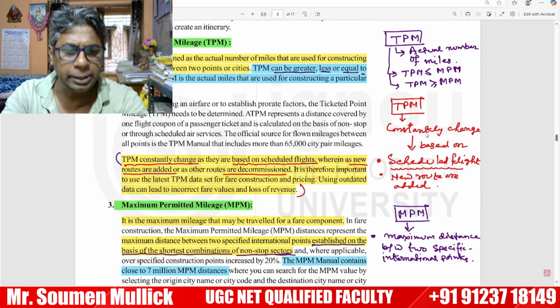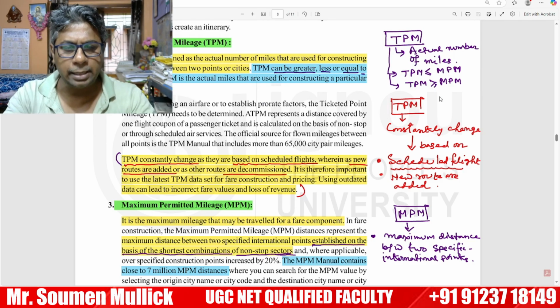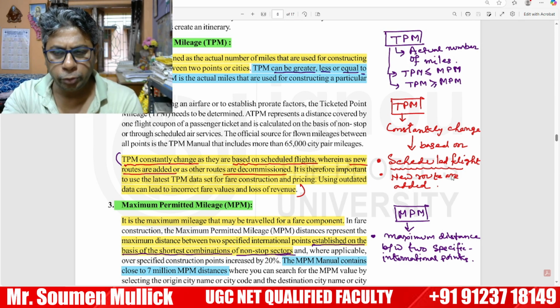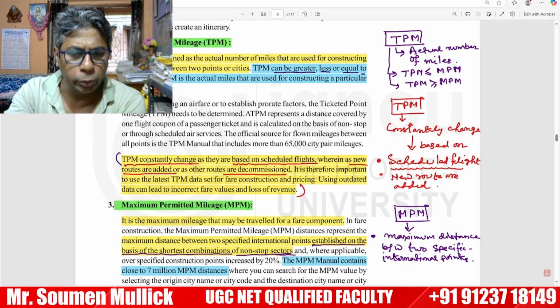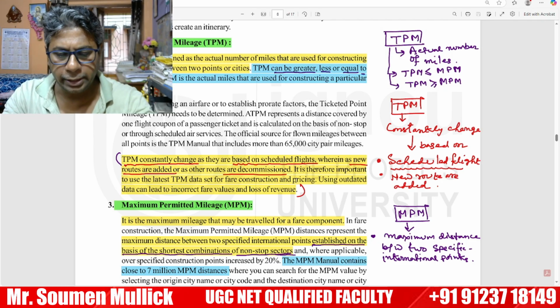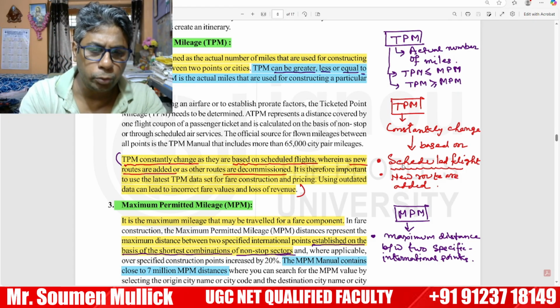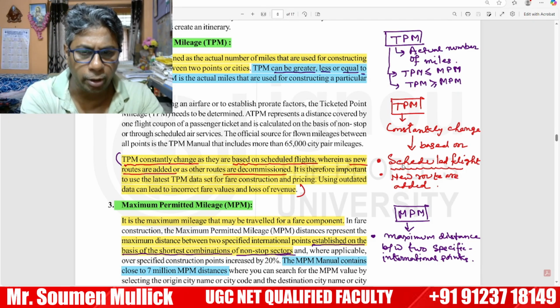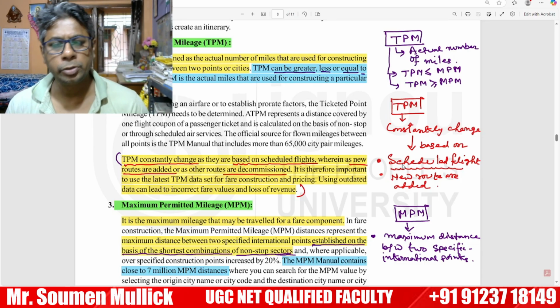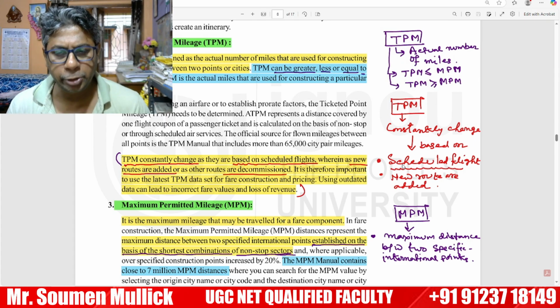TPM, ticket point mileage, constantly changes as it is based on scheduled flights, or as new routes are added or other routes are decommissioned. If a new route is added, or a route is decommissioned or stopped, or based on scheduled flights, TPM can constantly change.